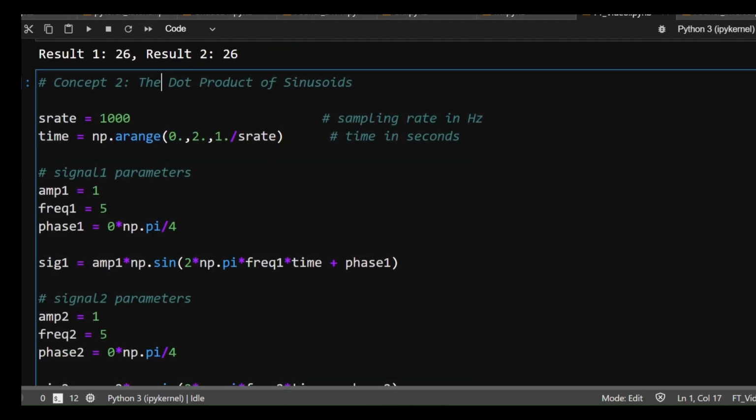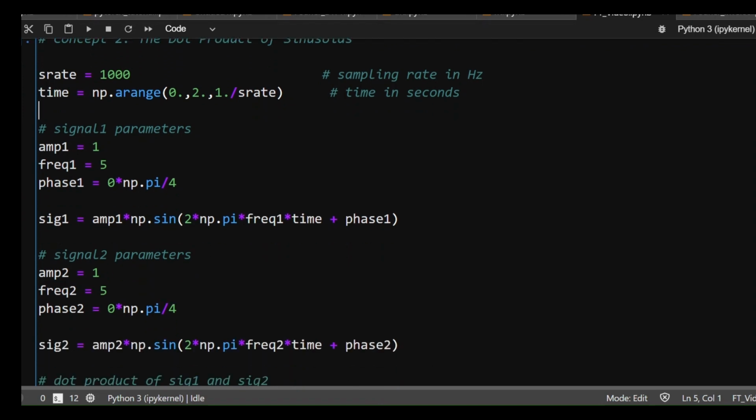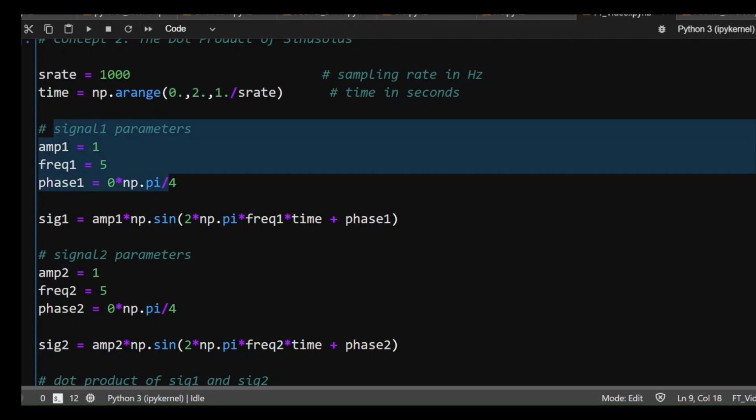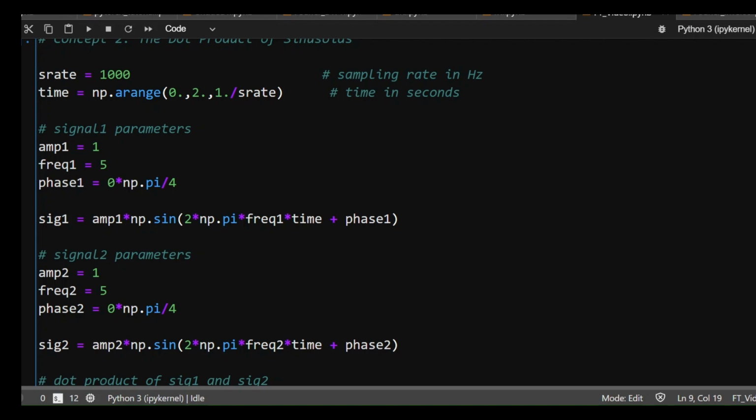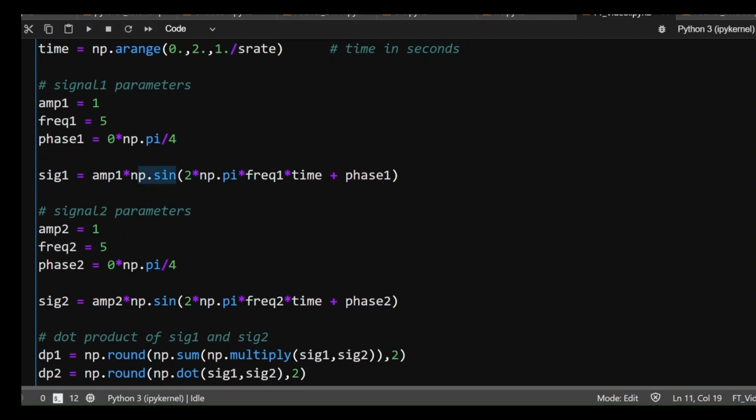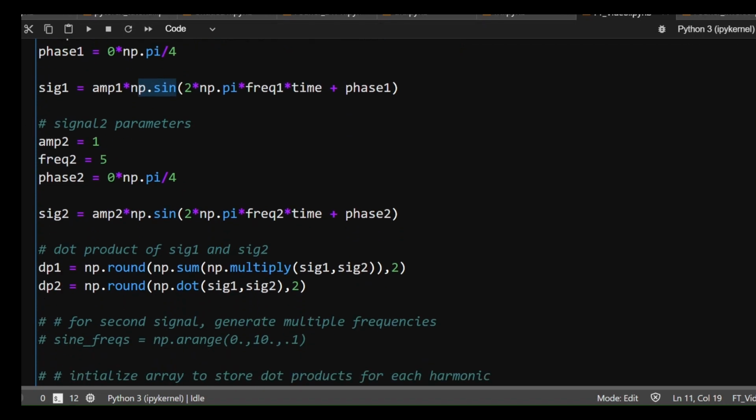So let's take the dot product of sinusoids. In this case, again, I'm going to generate two signals, sampling at 1000 hertz, and the time duration of these signals is 2 seconds. So the first signal has amplitude 1, frequency 5 hertz, and a 0 phase. And I'm going to generate a sine signal out of it. And the second signal is again amplitude 1, frequency 5 hertz, and a 0 phase.